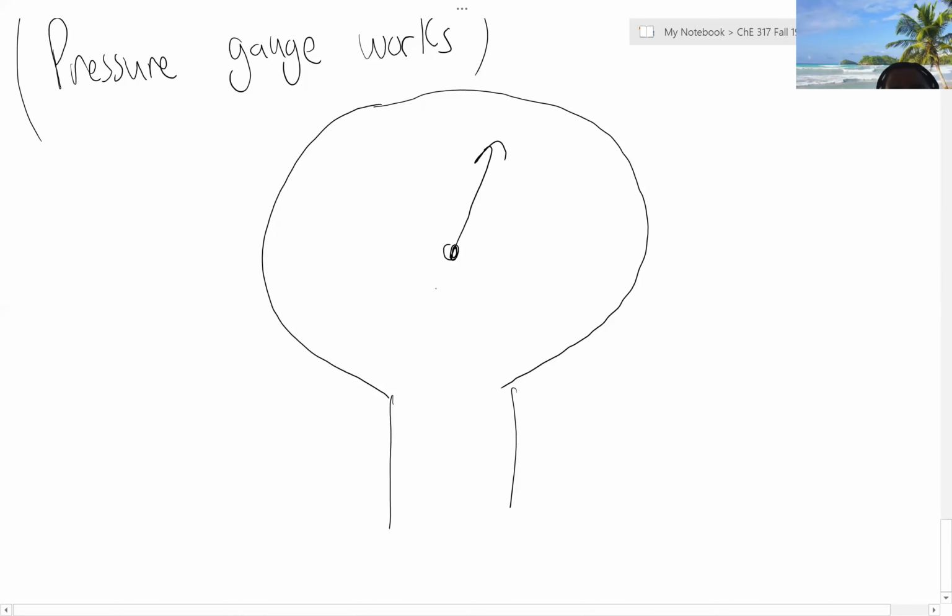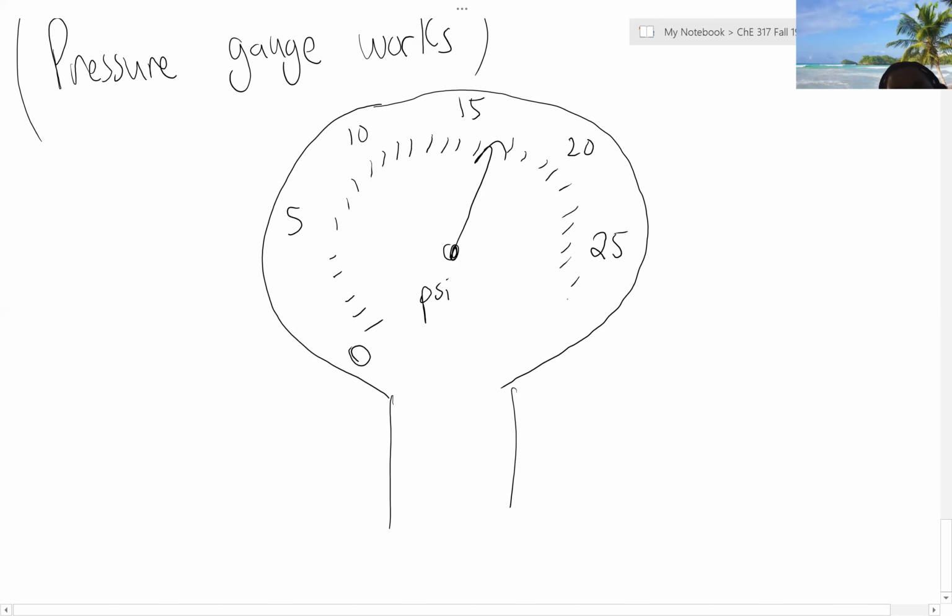Let's say it's in PSI. Here will be 0, and let's say I have 5, 10, 15, 20, 25. There's going to be ticks, and whatever that points to is going to be the pressure that it's reading in the gauge.